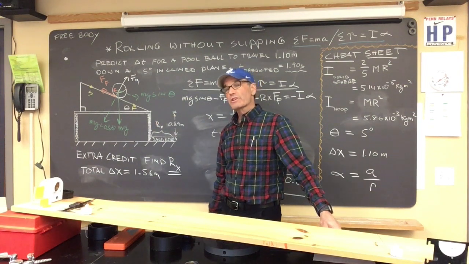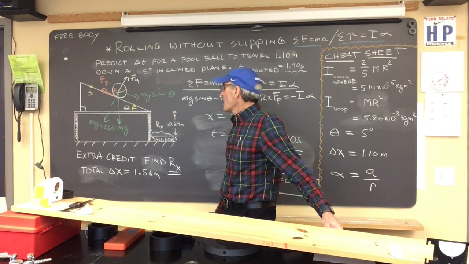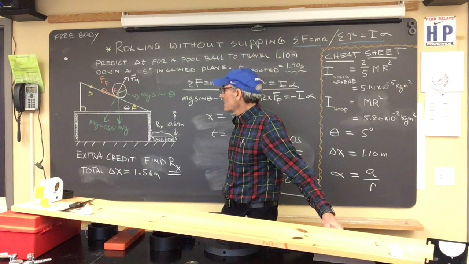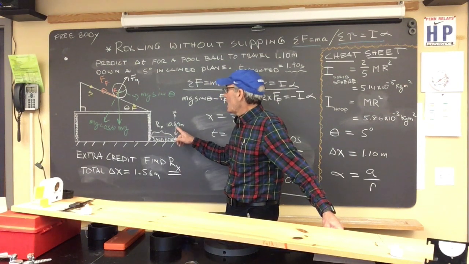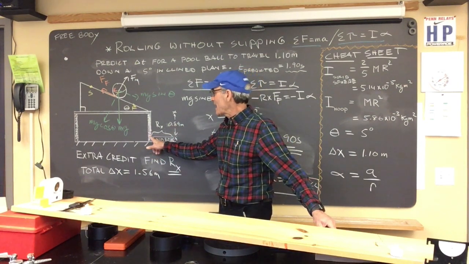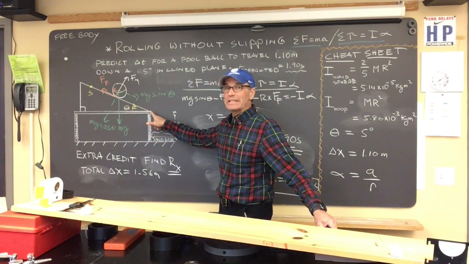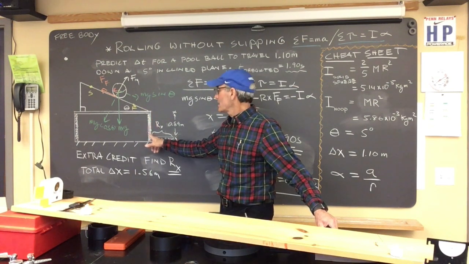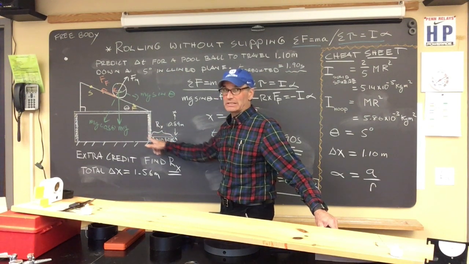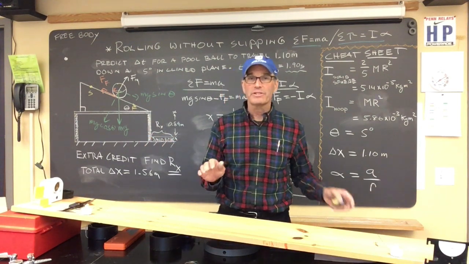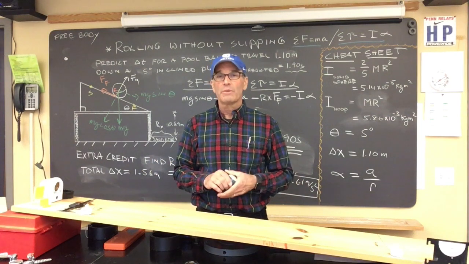So here's your extra credit. I want you to predict the downrange distance from the moment it leaves the end of the board. So that's your extra credit. Calculate Rx.